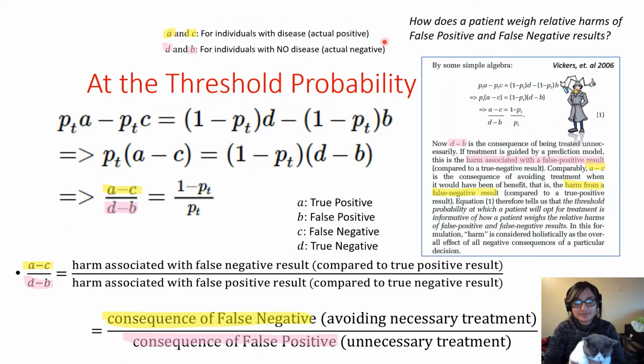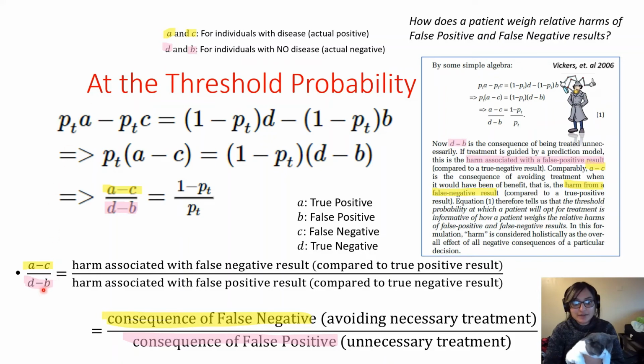So what are the consequences of a false negative, for individuals who actually have the disease but are not given the treatment that they need, because we predicted they did not have it? The mistake here is the false negative. And the mistake for individuals without the disease is the false positive, falsely predicting that they have the condition when they don't.